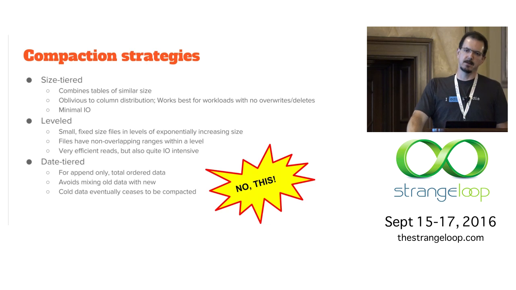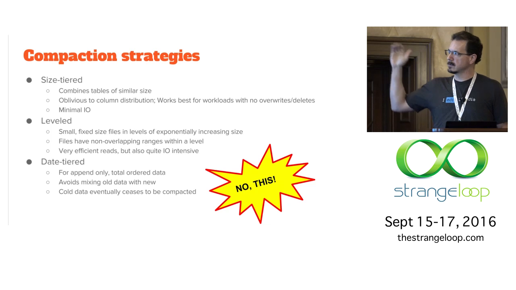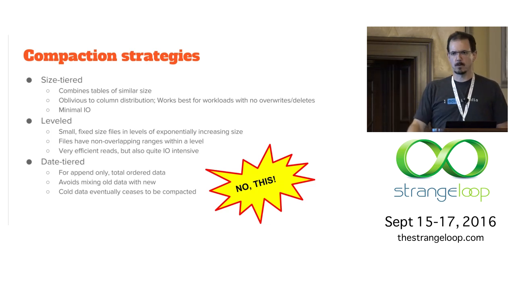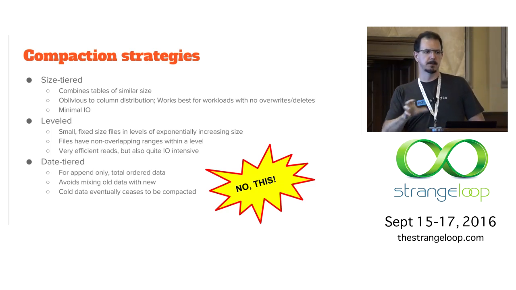But along came date-tiered compaction after the fact. And this really seemed like this would be our jam because it's clever. Instead of combining files of similar size, like size-tiered, what it does is it uses its knowledge about the minimum and maximum timestamps in a file to combine them instead by their date and time, by when they were written.